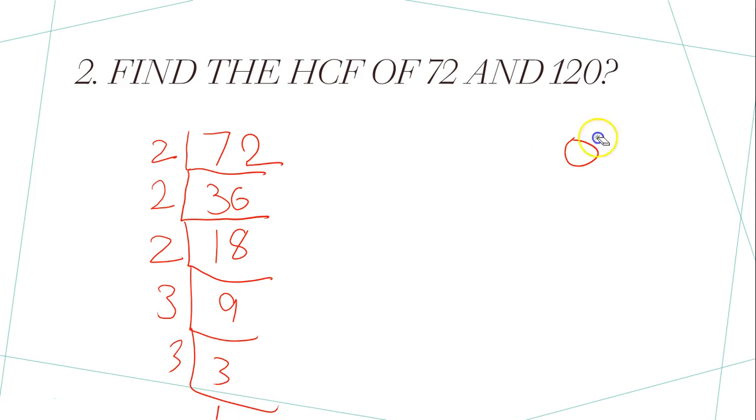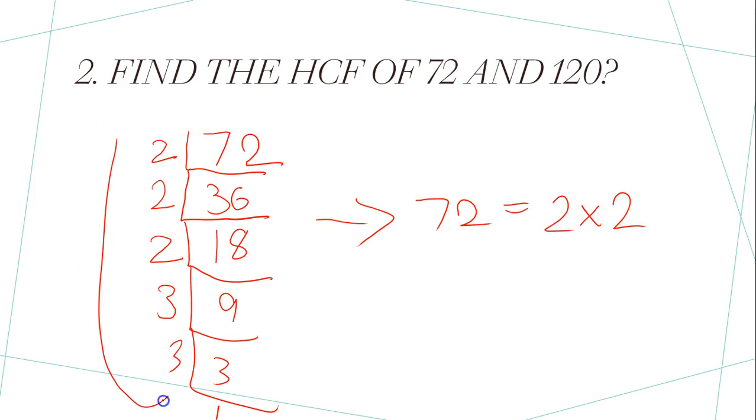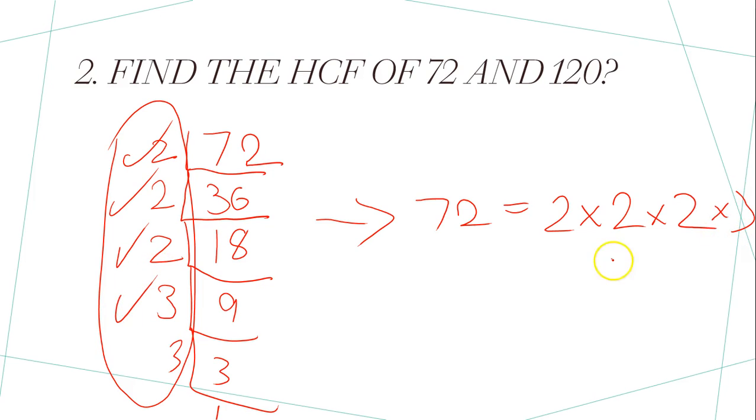I'm going to erase this 120 right now so I have more space to explain. We can say 72 equals 2 times 2 times 2 times 3 times 3.